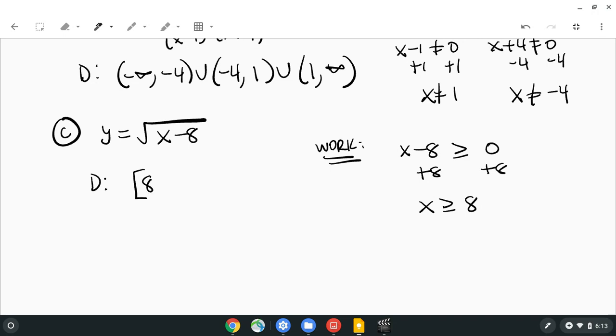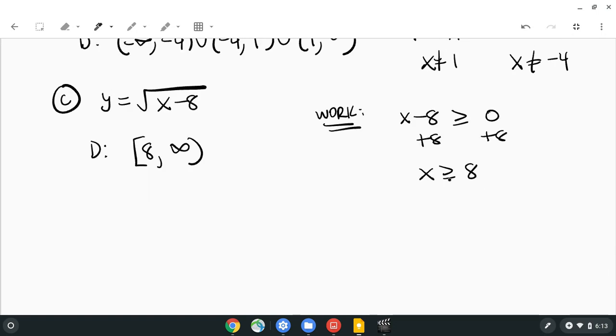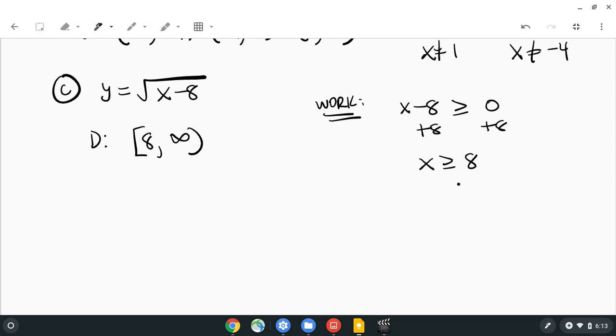We're not excluding 8. 8 is included, and it goes all the way up to positive infinity. Again, we use the bracket when we have greater than or equal or less than or equal.